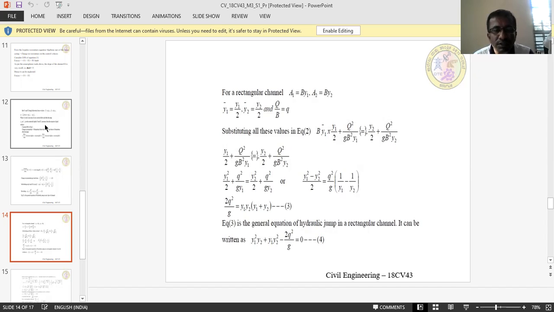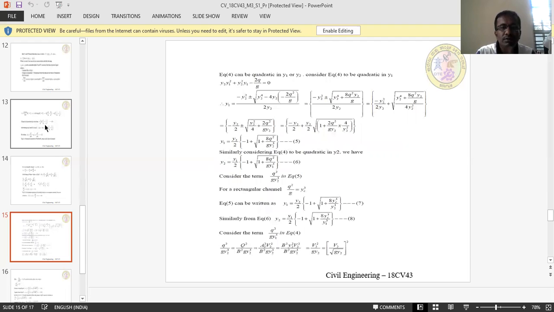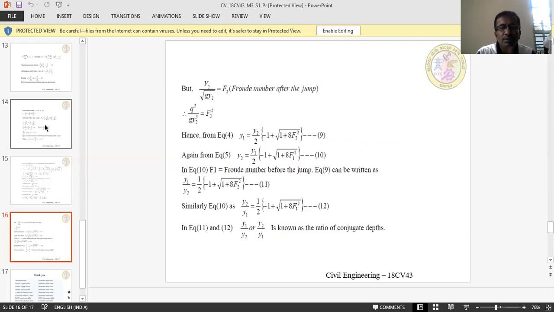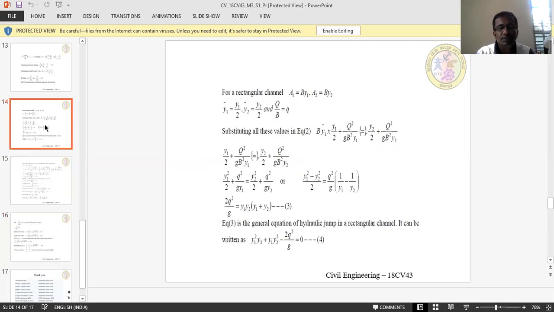Equation 3 is the general equation of hydraulic jump in a rectangular channel. If you simplify further, it can be written as y1 square y2 plus y1 y2 square minus 2q square by g equals 0. This is the general equation for hydraulic jump in a rectangular section.